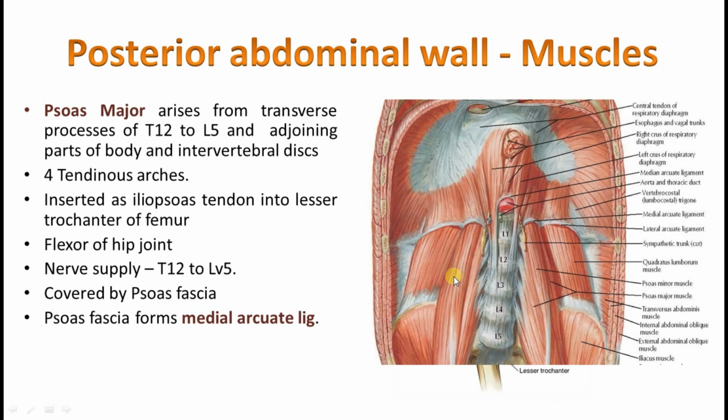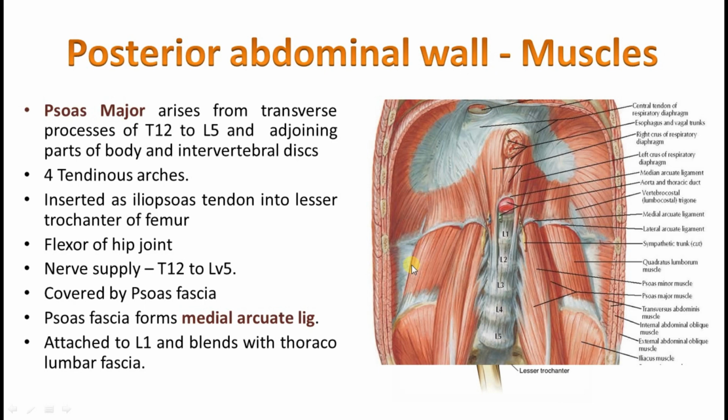Then the psoas fascia laterally is continuous with one more fascia covering the quadratus lumborum, that is the anterior layer of thoracolumbar fascia. So laterally it blends with the thoracolumbar fascia.